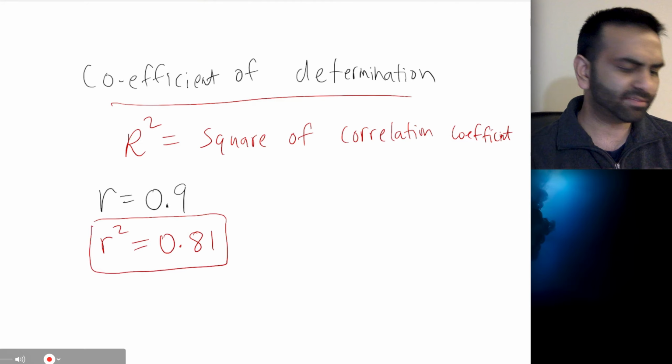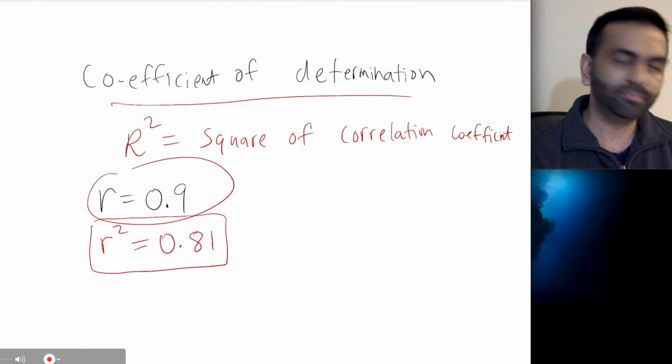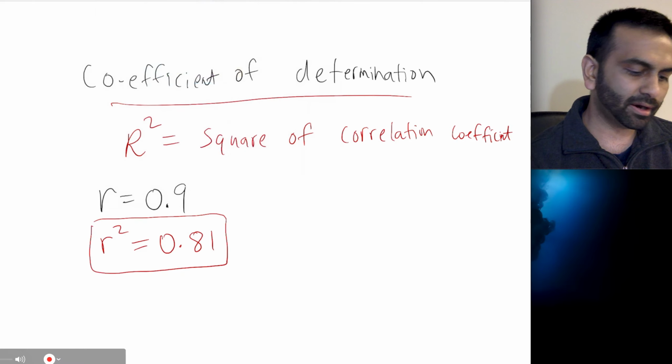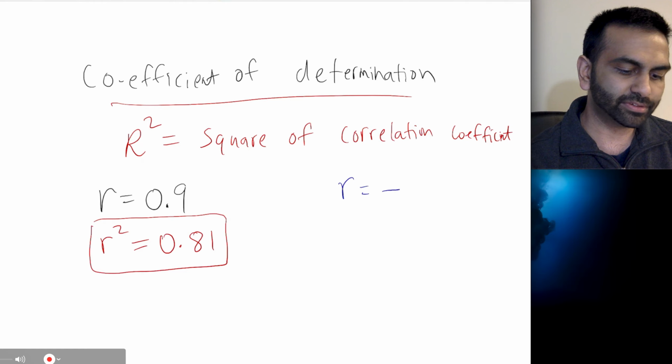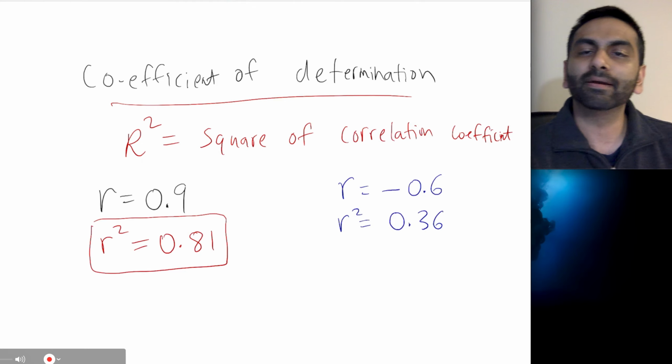Because even if R was a negative number, like let's say, for example, R was negative 0.6, well then the R squared is going to be positive 0.36, right?